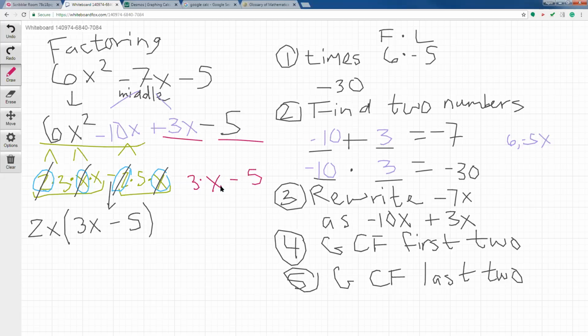So this is a problem. When we're greatest common factoring in this process, we must have something in common. If there's not, this is one of the very, very few cases where we do want to write a 1. If they're not going to have anything else in common, we want to at least have the 1 in common.